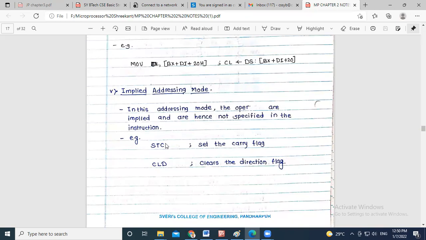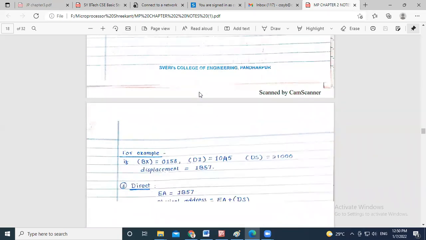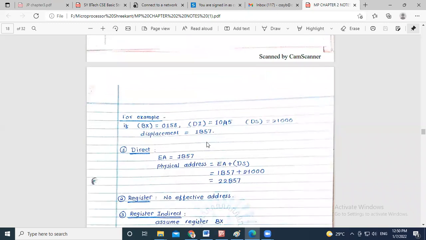Here we have STC, set the carry flag, and CLD, clear the direction flag. These two we use in the implied addressing mode.